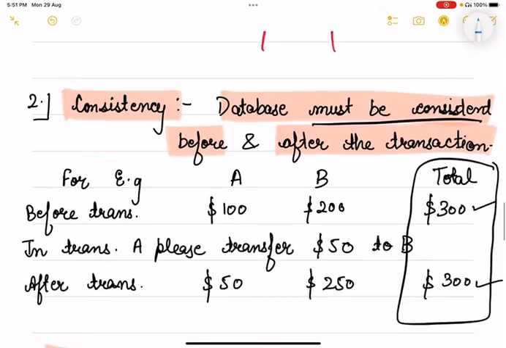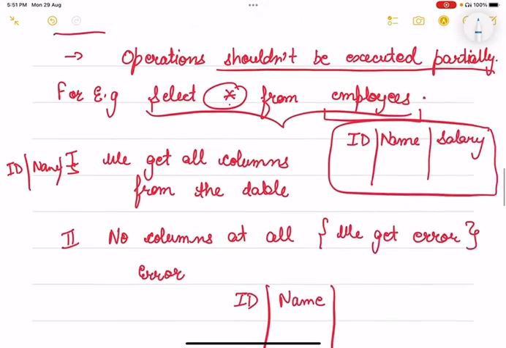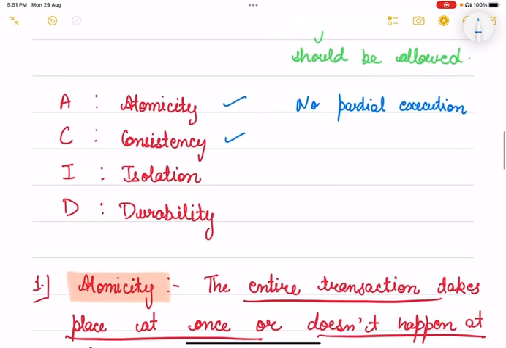We already discussed that the database must be consistent before and after the transaction. And what is isolation? The isolation property says that there is no interference between multiple occurring transactions. And durability says that if a transaction is completed successfully, then those changes should be stored permanently, so that any kind of system failure or power failure does not harm the database change.